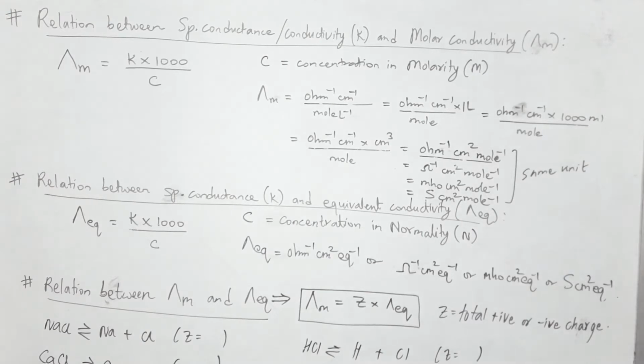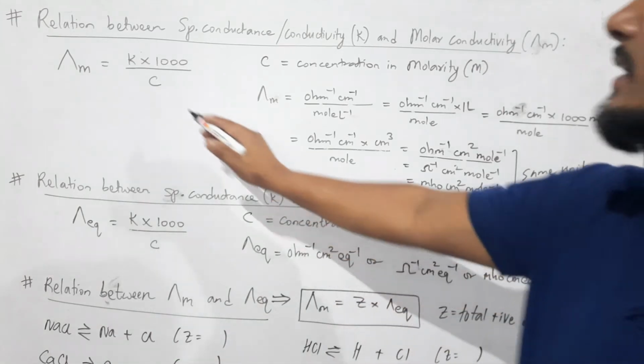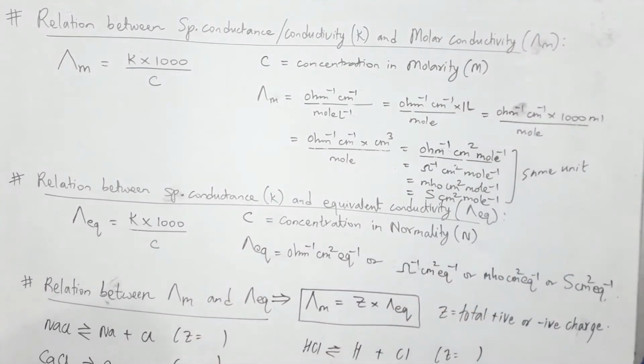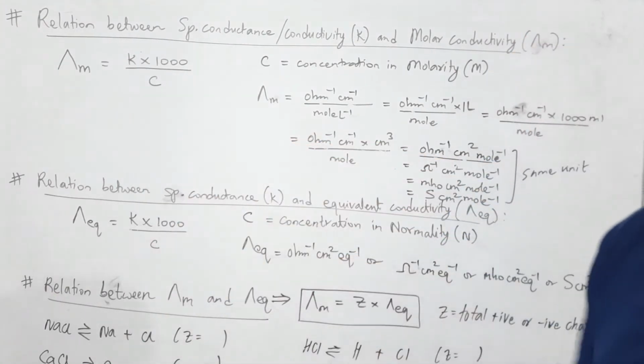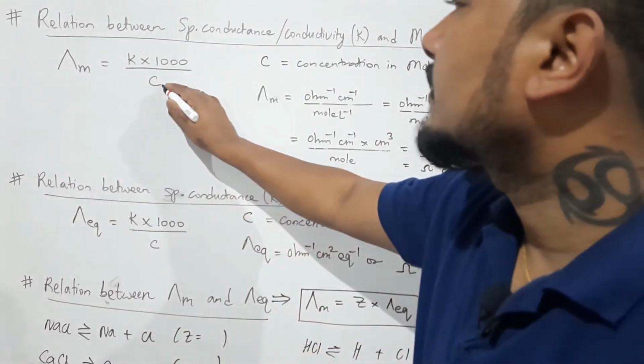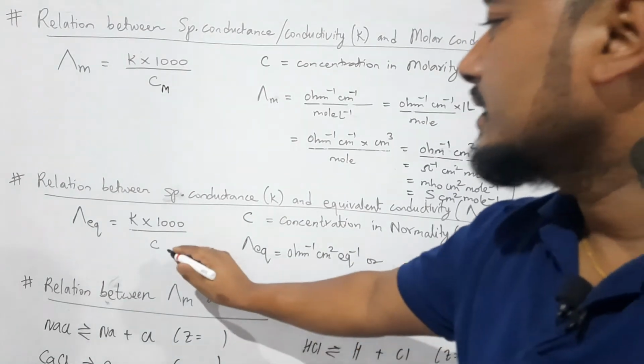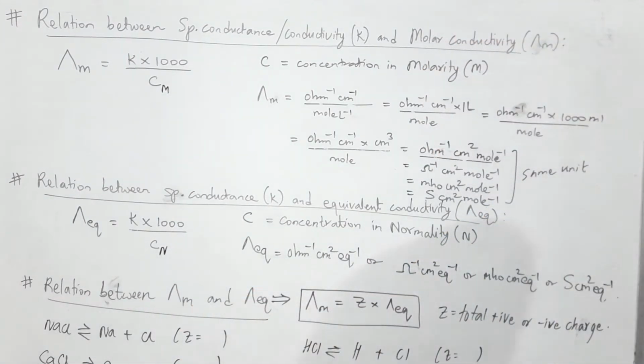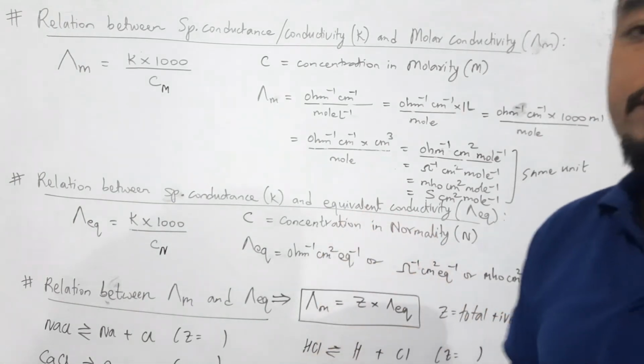Done? Now a question arises: this is C in molarity, this is C in normality. How to remember? This is the formula given in the book, which I want to change a bit. Now I'll write C with suffix capital N. Earlier when I wrote just C, there was a confusion.